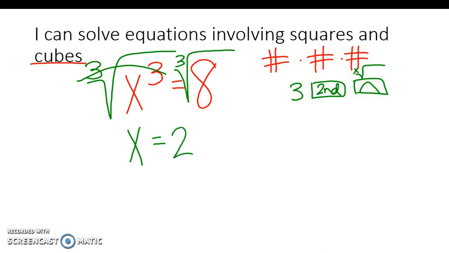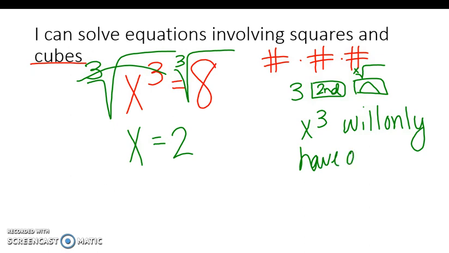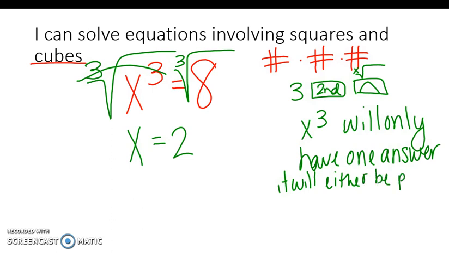Now guys, here is where x squared problems are different from x cubed problems, okay? You are only going to have one answer. It will either be positive or negative.